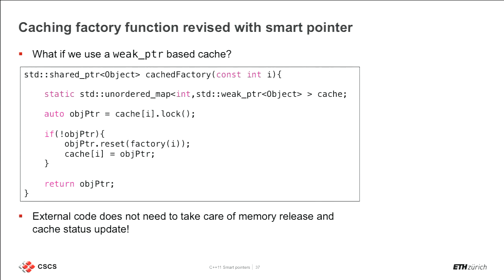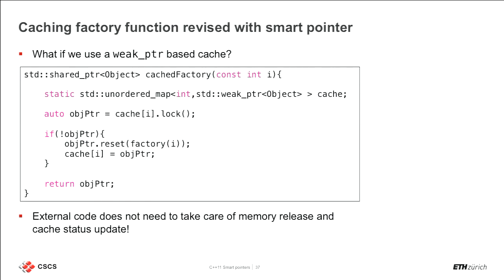In the other case, when you have a shared pointer that is not valid, you will enter this block. You will reset the shared pointer so that after this call it will point to the newly created memory location, and you will convert it to a weak pointer and store it in the cache, so that for the next call it will already be available.